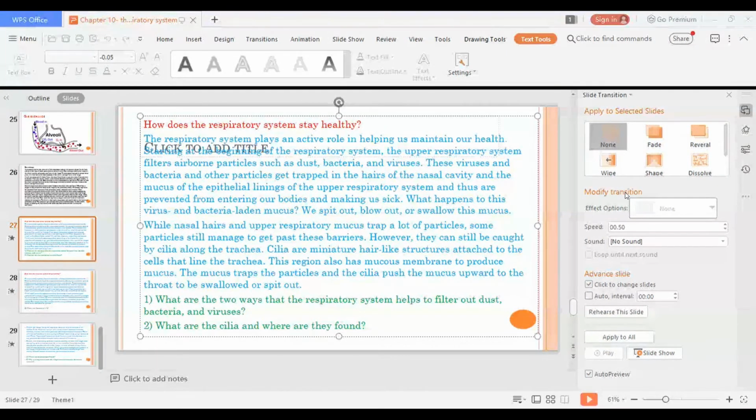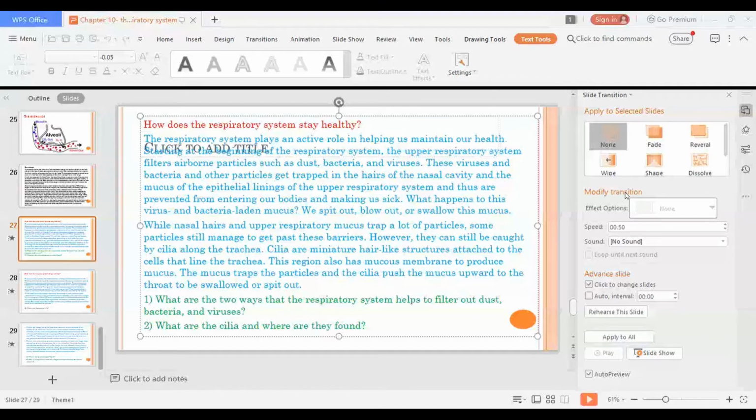Hello, teacher. Yes, okay. Can you see the first question? You answer the first question for me. What are the two ways that the respiratory system helps to filter out bacteria and viruses? The two ways that the respiratory system has to filter out the bacteria and viruses are the hairs of the nasal cavity and the mucus. Good.